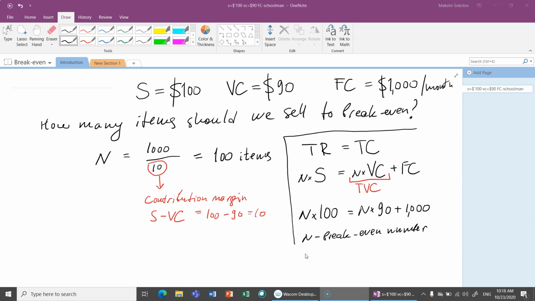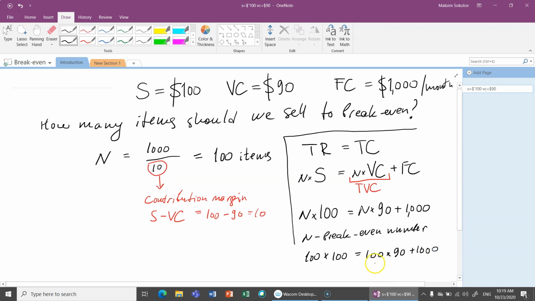Of course, as our previous arguments showed, n is 100 items here. And you will now see that when you break even, it will be 100 times 100 equals 100 times 90 plus 1000, right?